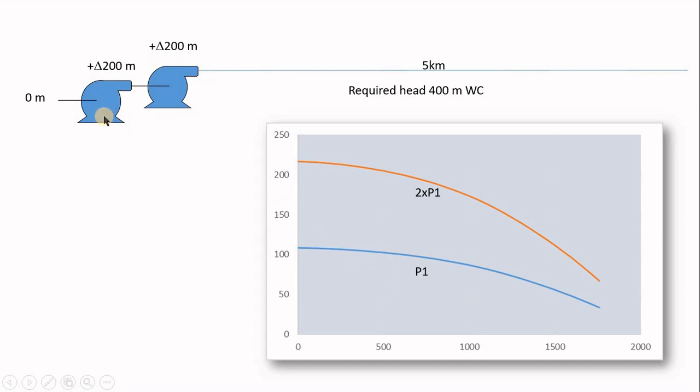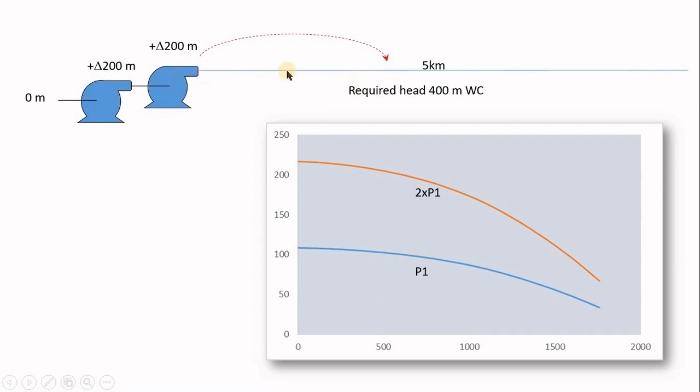So if you have any 2 pumps in series, what you do is add the 2 curves together, and that will give you the total curve of the pumps. So far we call this a close coupling scenario or setup. Now assume for some reason we move this pump to the middle of the pipe.